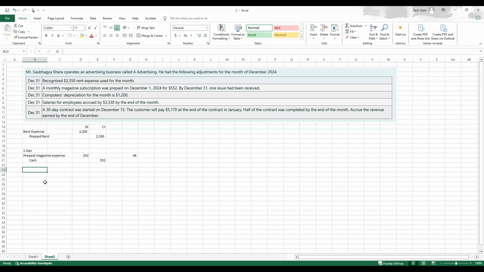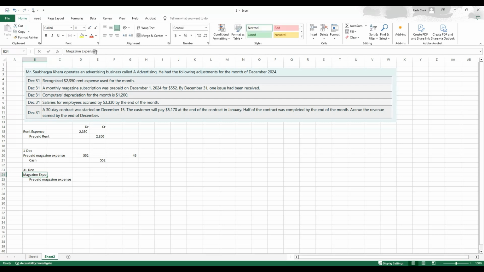So then when we come to 12/31, to record the full month of usage, we're not going to record prepaid here. We're going to reduce the prepaid. So we're going to put this down here, and we're going to record, I'm going to call it magazine expense.